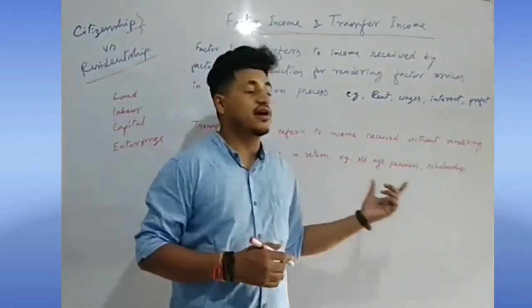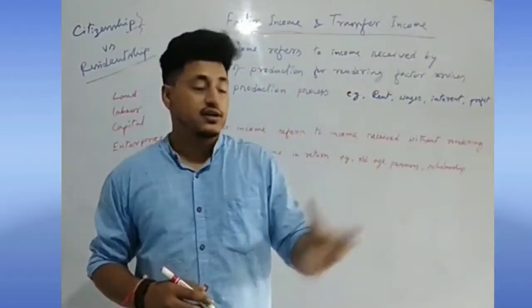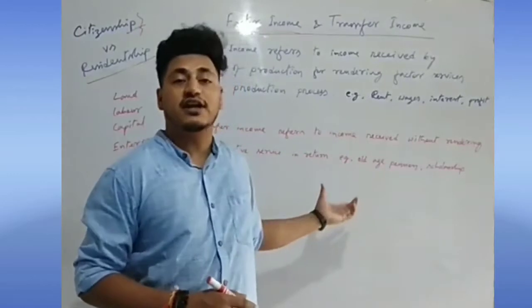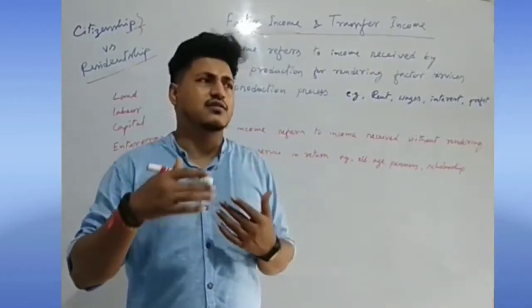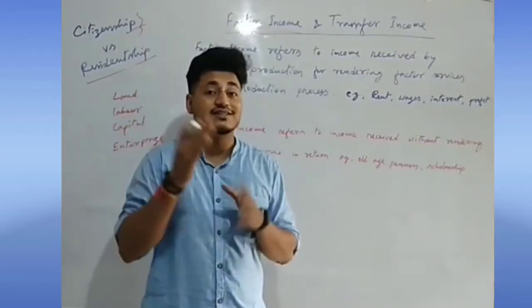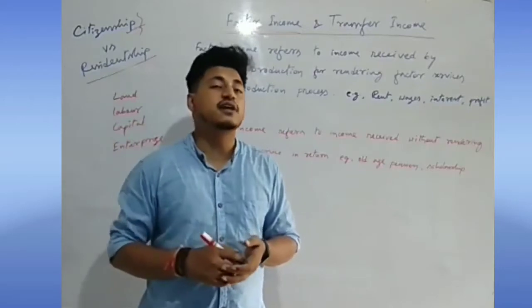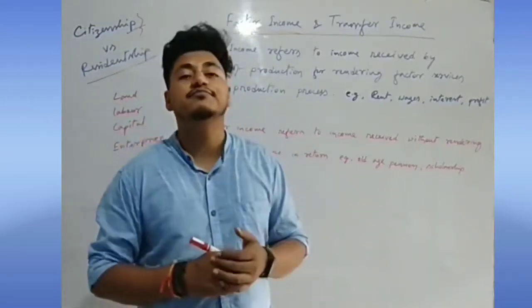Similarly, if a certain person gives you a gift, a gift is also called transfer income. For example, someone gifted you 500 rupees. For this you are not doing anything for them, you are not working. So this kind of income is known as transfer income.